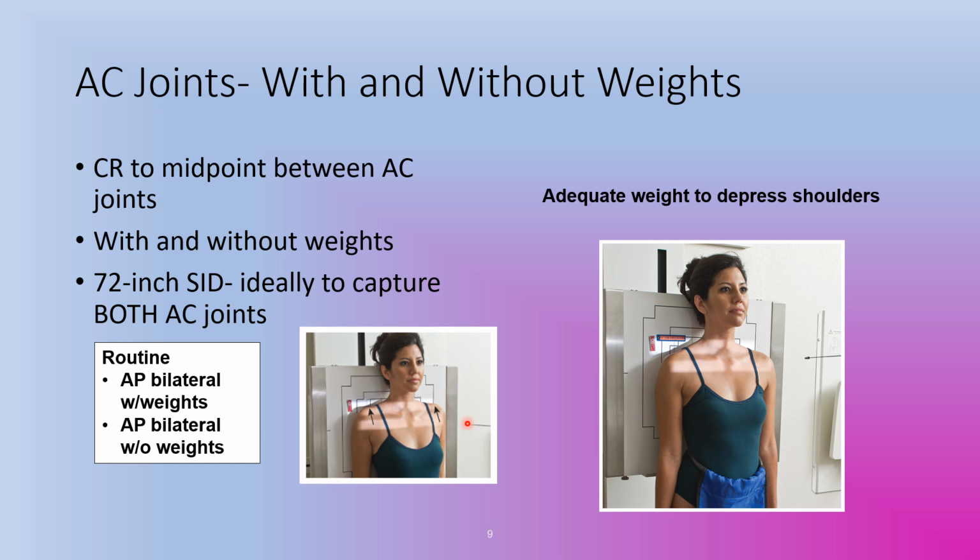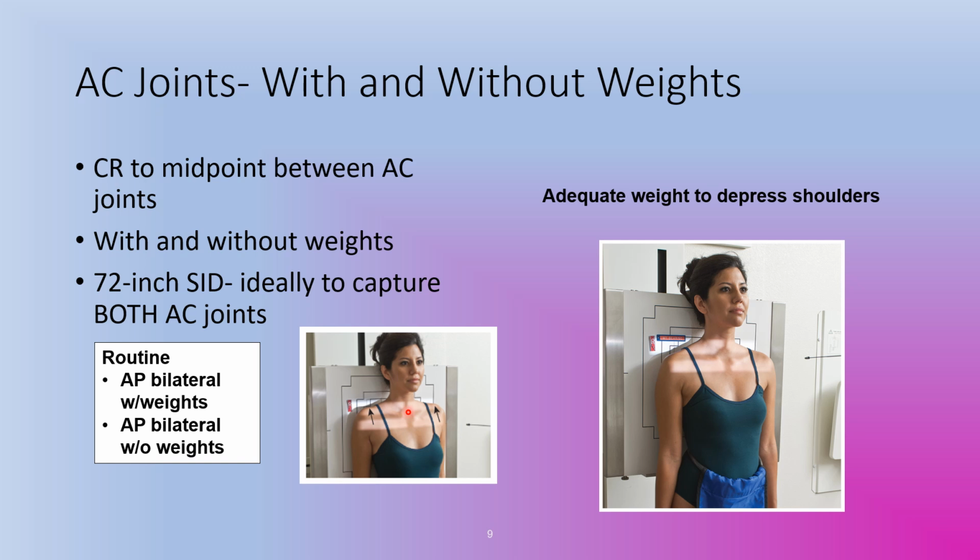Okay? If you fit both of them on one IR, then your central ray is midway between the AC joints. Ideally in the book, it tells you that it's perpendicular between the AC joints and 1 inch above jugular notch. So I would say midline, 1 inch above jugular notch.